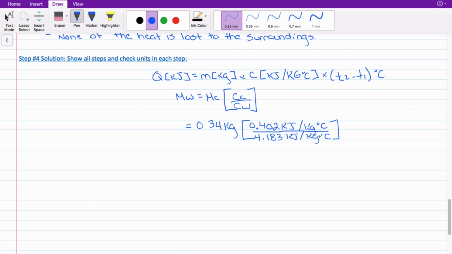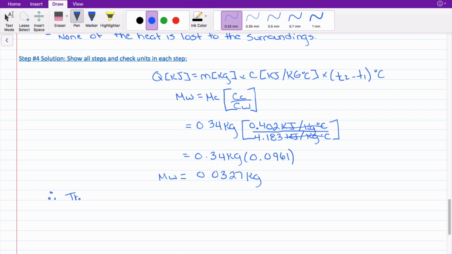So in the numerator and denominator, these variables are going to cancel out. If you divide 0.402 by 4.183, that should give you 0.0961. And if you times 0.34 kilograms by 0.0961, that'll give you a water equivalent of 0.0327 kilograms. So that was one of our unknowns, so I always like to just write it out.